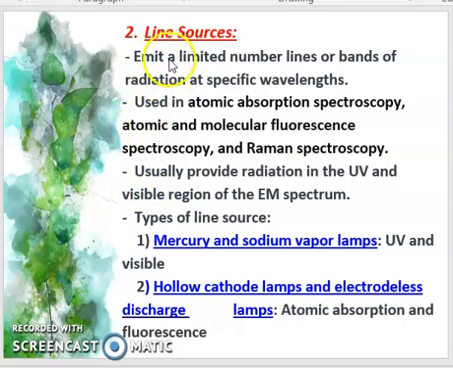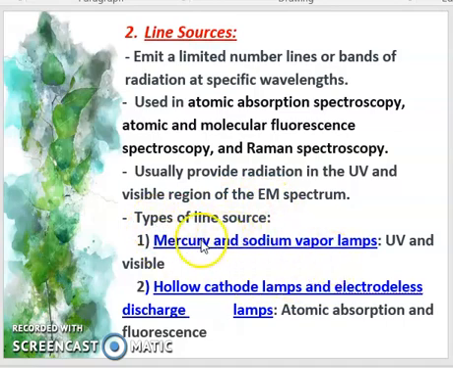A line source emits a limited number of lines or bands of radiation at specific wavelengths. Normally it is used in atomic absorption spectroscopy, molecular fluorescence spectroscopy and Raman spectroscopy. This source usually provides radiation in the UV and visible region of the electromagnetic spectrum.